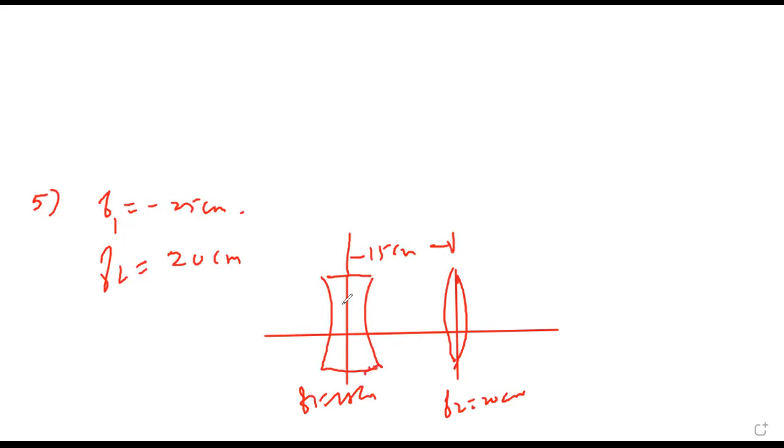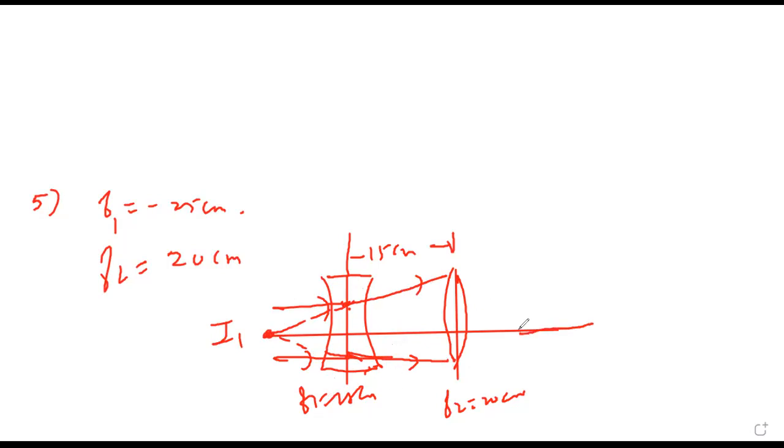If the parallel beam of rays is falling on this lens, then where will be the final image? This is your question, correct? This will diverge from here. And if you produce backwards, wherever it meets, that is the position of image due to first one, correct? Yes, sir.